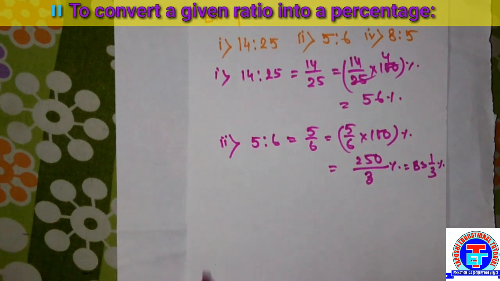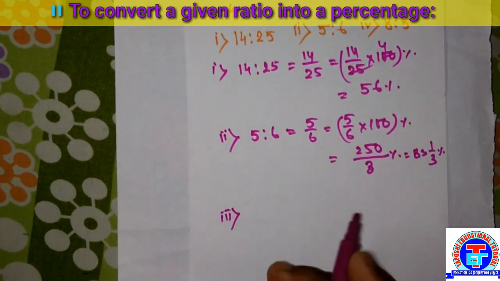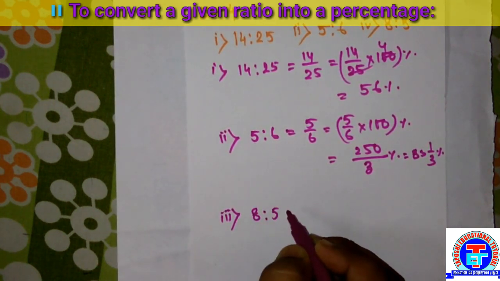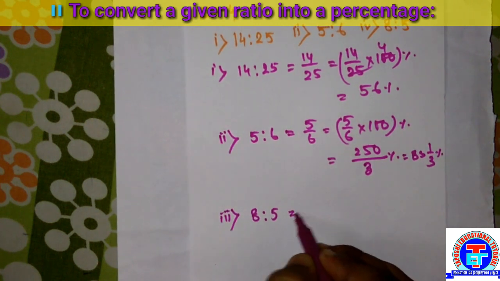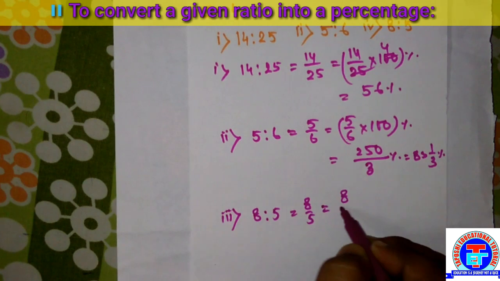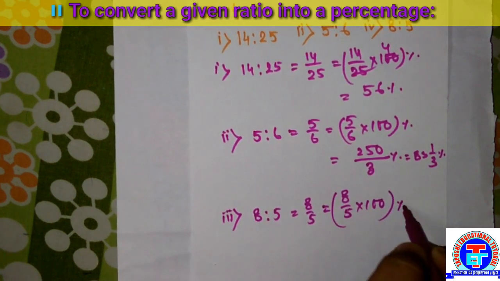Now another one is given here, number 3. We have 8:5, right? So we write here 8/5 is equal to 8/5 into 100 percentage.